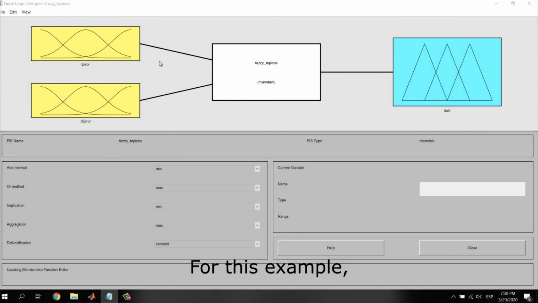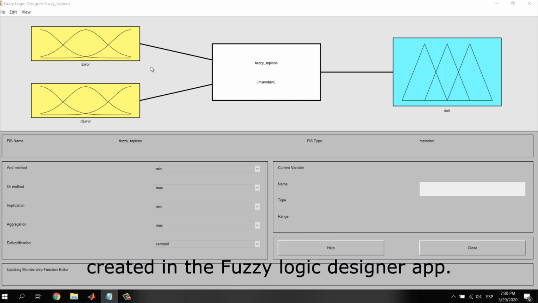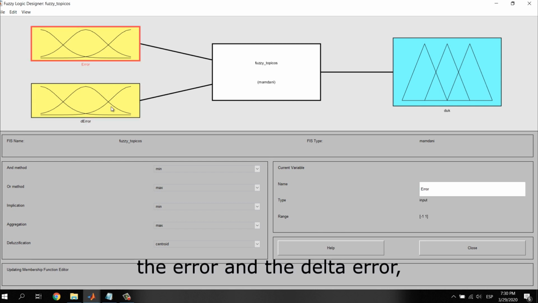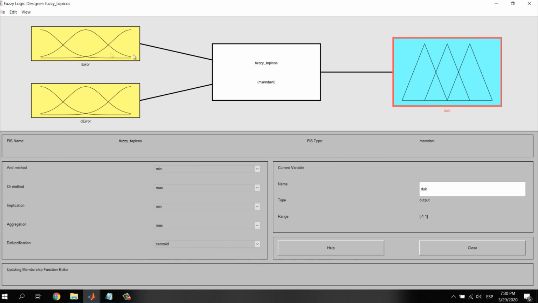In this example, this is the fuzzy logic model that we use, created in the Fuzzy Logic Designer app. It has two inputs, the error and delta error, and the output is delta Uk, that is, the change of the control effort applied in one step.